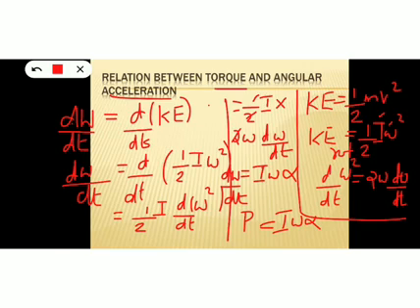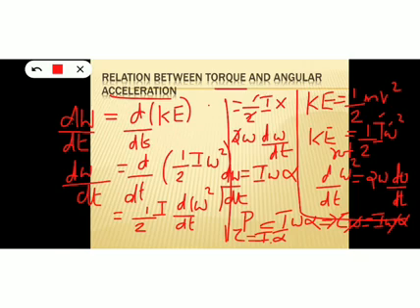Then we had already studied in the previous expression, power P equal to tau omega. So just substitute power P equal to tau omega here. So what will you get? Whenever you substitute power P equal to tau omega, you will get tau omega equal to I omega into alpha. Omega will cancel. Then you are left with tau is equal to I alpha.